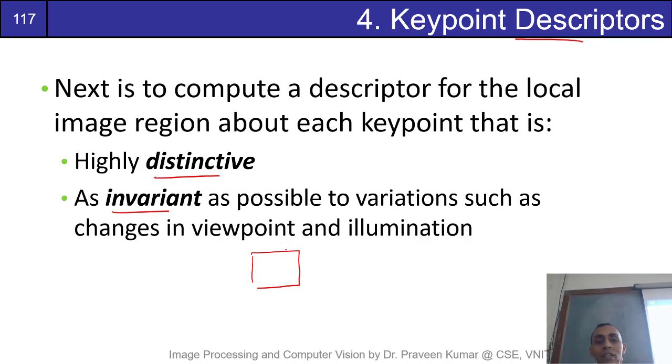Should we use straight away the intensity values in that? So normalized intensity values. Okay. Any other suggestion?